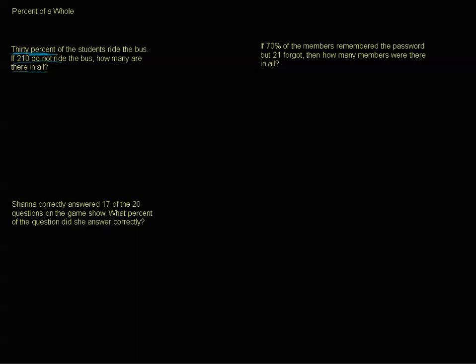We're going to make up the table just like the ratio, where we have percent and we have actual over here. Now 30% rode the bus, so we're going to write "rode" right here.